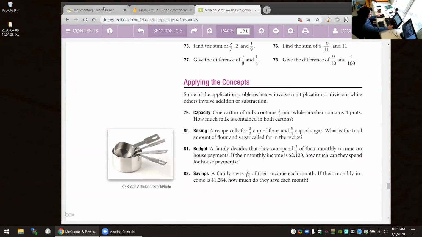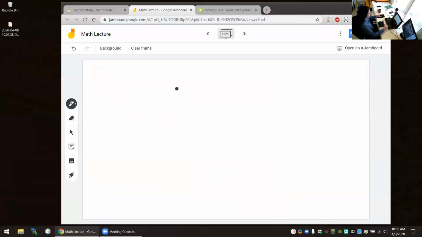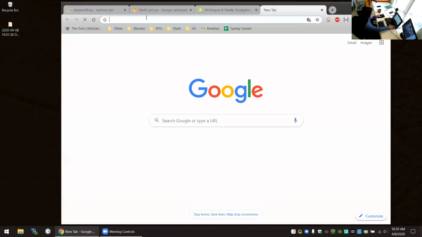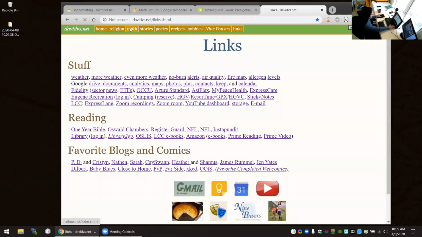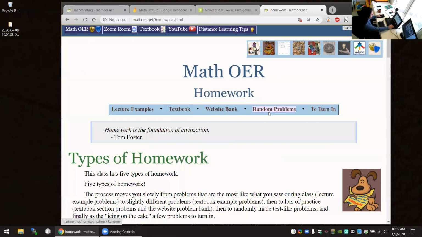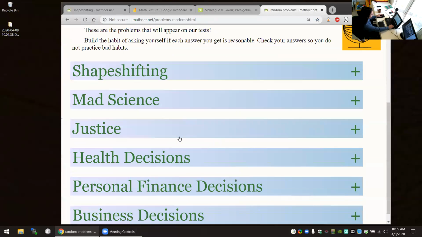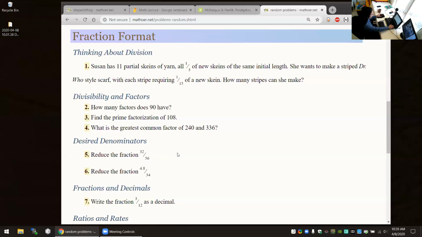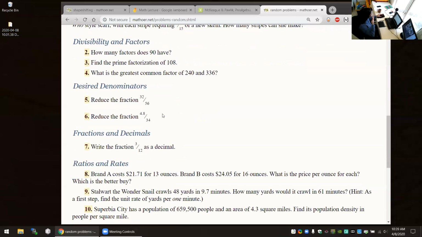Okay, nope, I'm wasting your time. Okay, let's just make one up. Actually we have random problems. Why am I looking at the textbook? Oh, we haven't done one with a decimal yet. Let's do both of these.